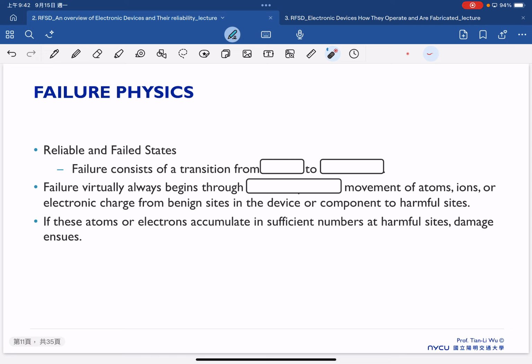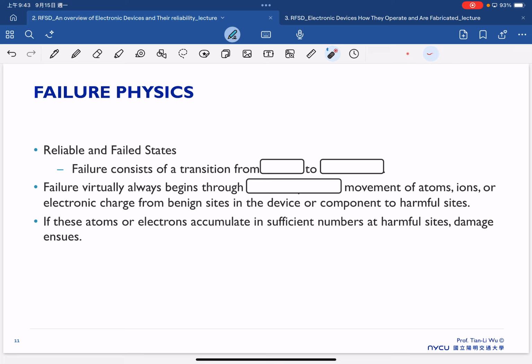Okay, then we have to continue to understand what reliability means to us. First of all, we have to be aware that in general, whether in semiconductors or in other things in our life, we can consider that there are two states of one particular thing.